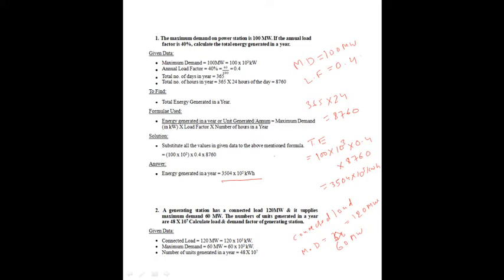What they have asked you to calculate is the load factor and the demand factor of the generating station. Okay, three pieces of information are given: first is the connected load, another is the maximum demand, and the number of units generated in a year.